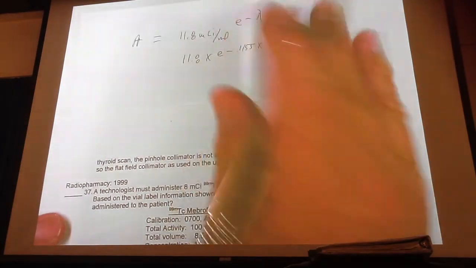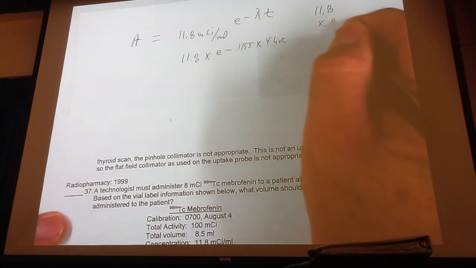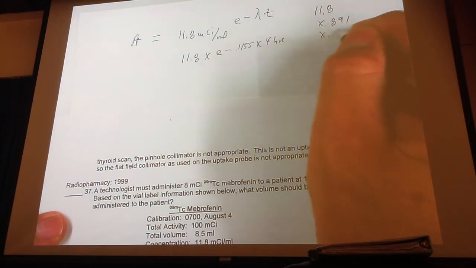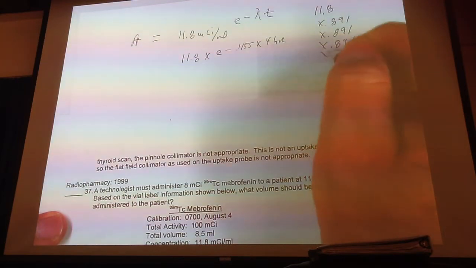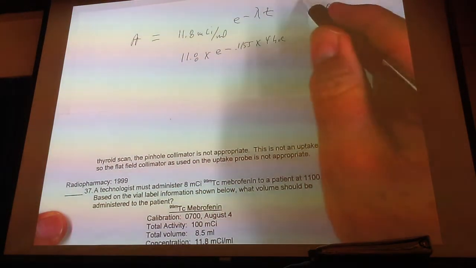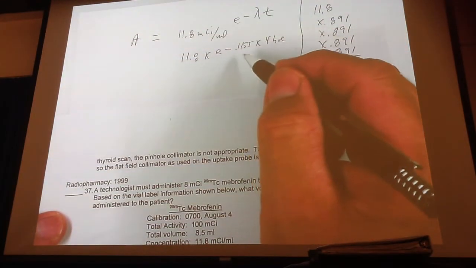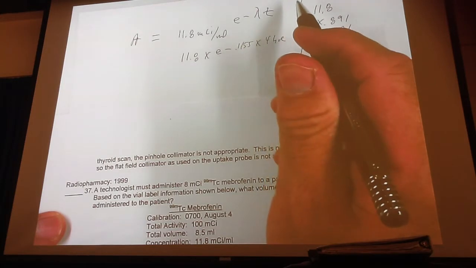Or the other way you could do it is just take 11.8 and multiply it by 0.891 four times. That's the other way you can do it.